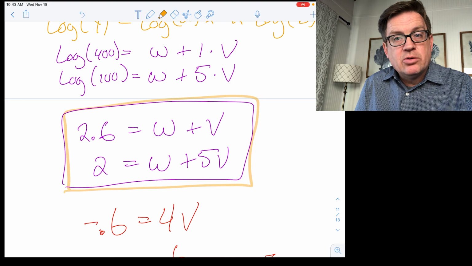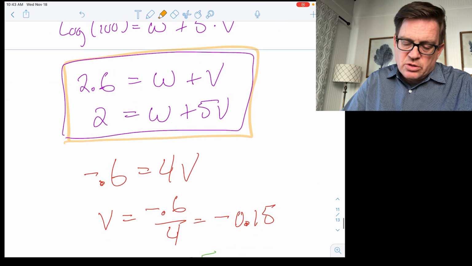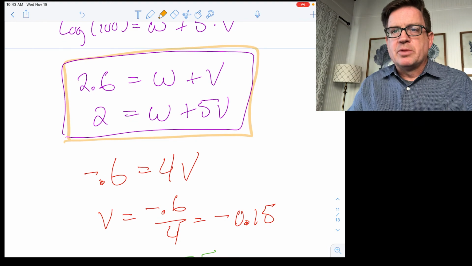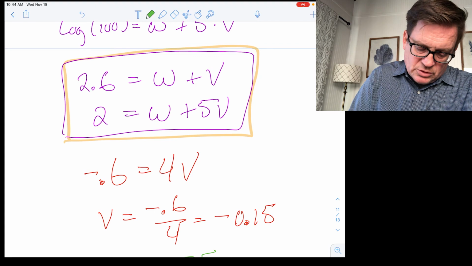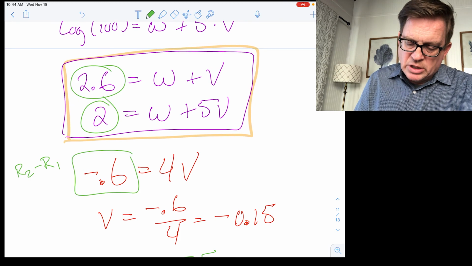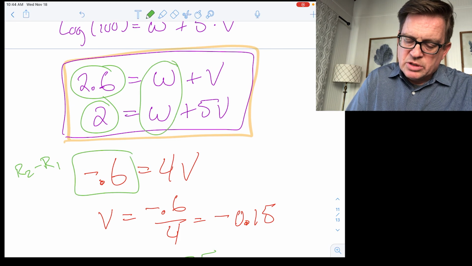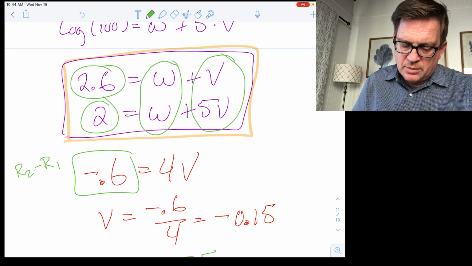And now it's just a linear equation with variables v and w, and we can solve that. You could do it by substitution or elimination. I chose to solve it by subtracting row 2 minus row 1. So I have 2 minus 2.6 is negative 0.6. The w's cancel out, and I get 5v minus v is 4v.